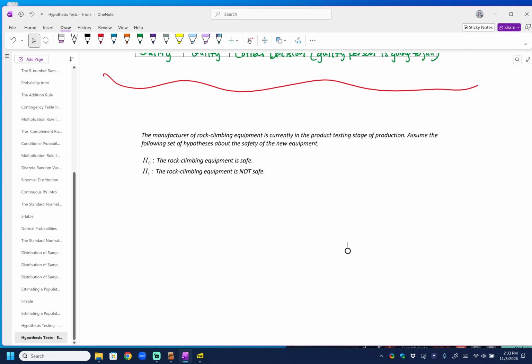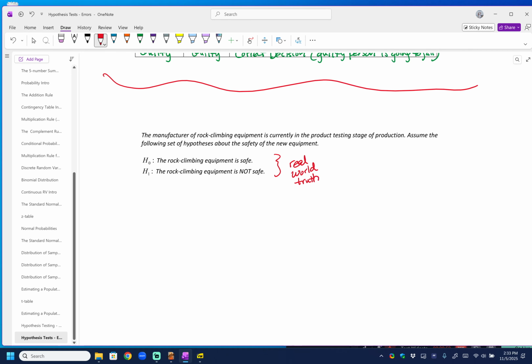Our null hypothesis is going to be the rock climbing equipment is safe. Our alternative is that it's not safe. Remember, this represents the real world truth of each of these scenarios.